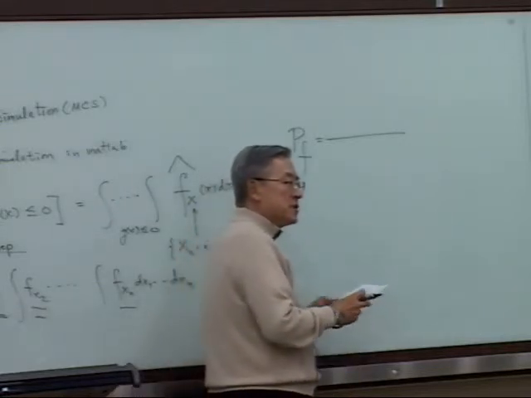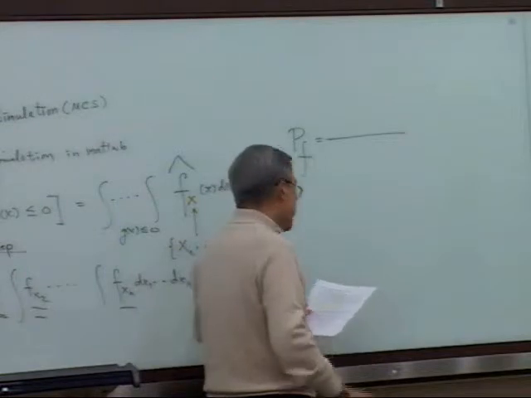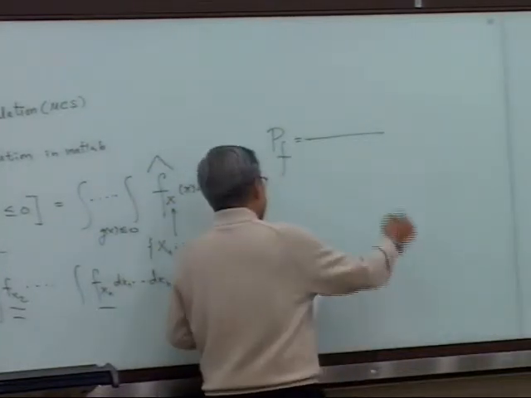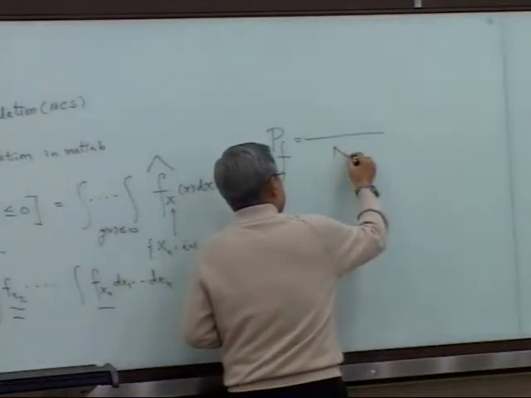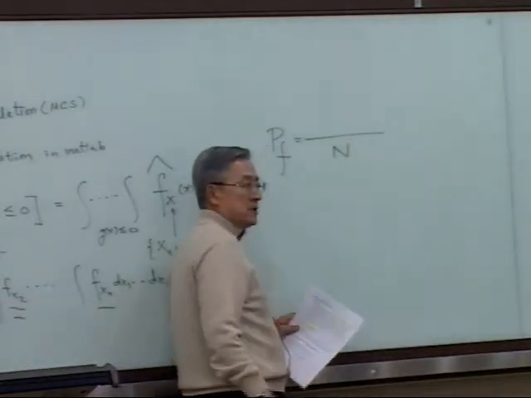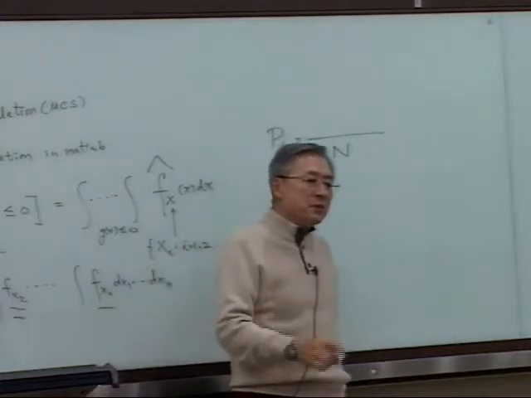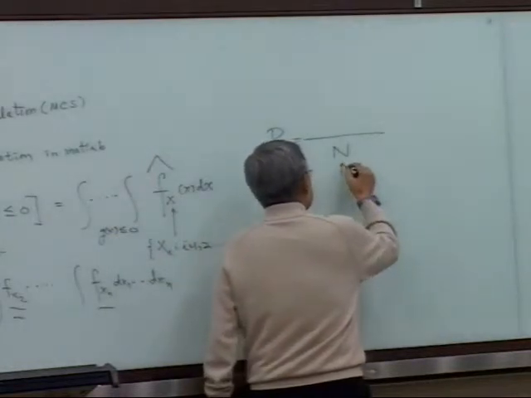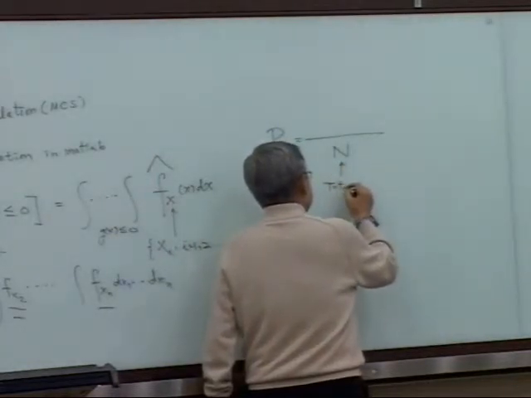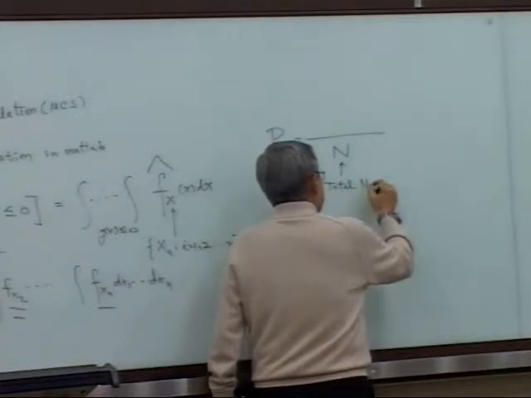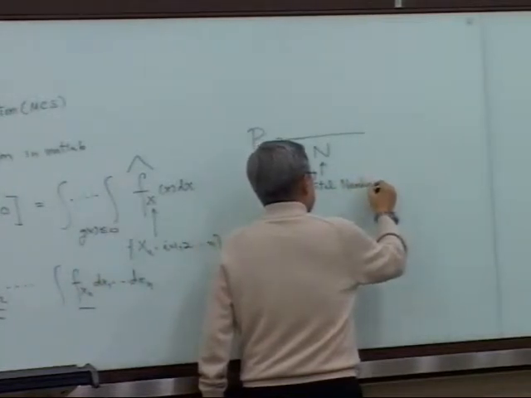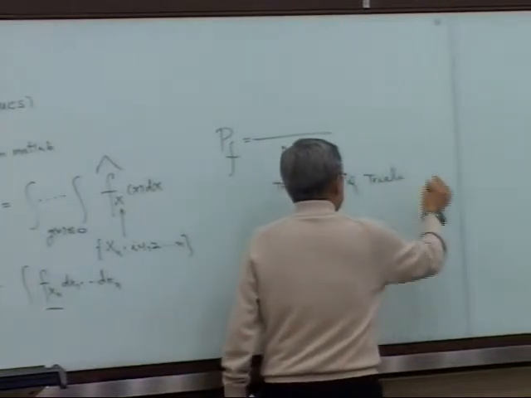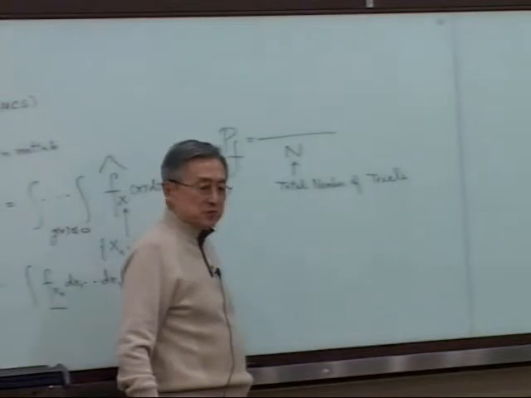So that original scheme for Monte Carlo simulation applied to structure reliability: the denominator is capital N, the total number of trials, the total number of computations.